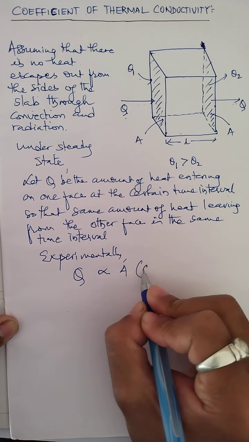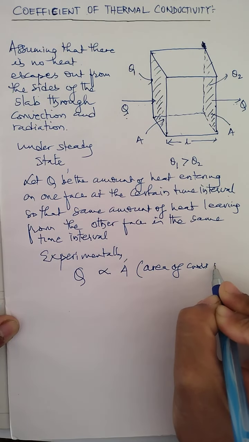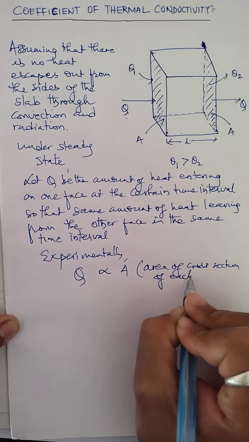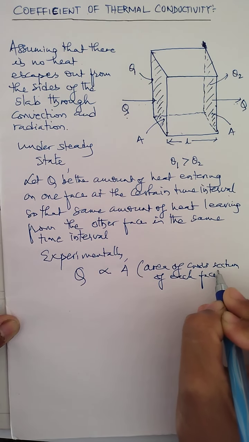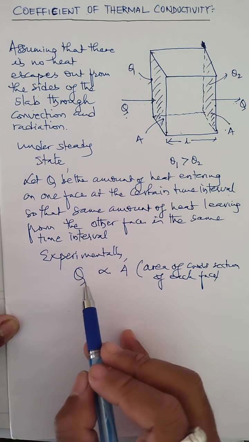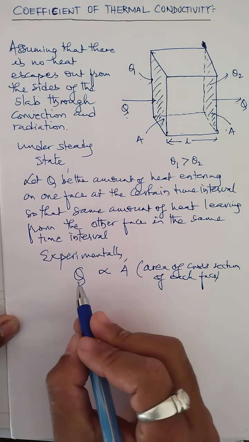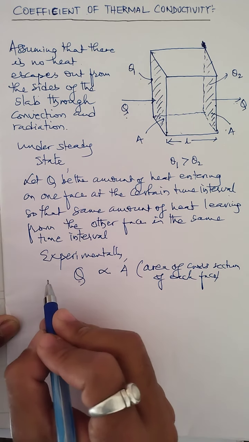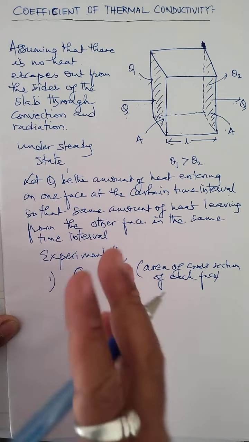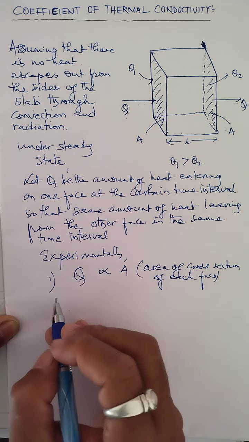A. So A is nothing but the area cross-section of each phase. There are two parallel phases, having cross-section area A and A. So the amount of heat that enters and leaves at a certain time interval is directly proportional to the area cross-section of that phase, which means the more the area cross-section, the more the amount of heat that enters and leaves at a certain time interval. So this is number one.